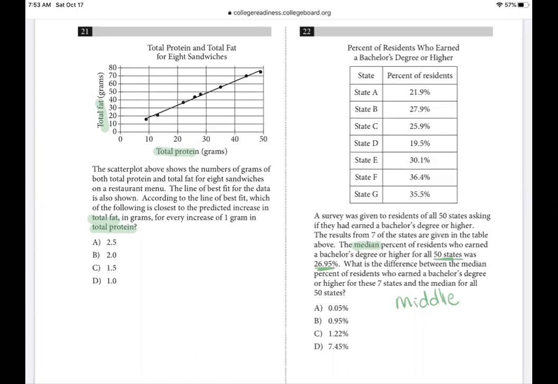So then you are asked to find the difference between the median for the 7 states presented in the table and the median for all 50 states, which is provided. Okay, so go ahead and pause now if you haven't already given these a try, and I will go back through them.